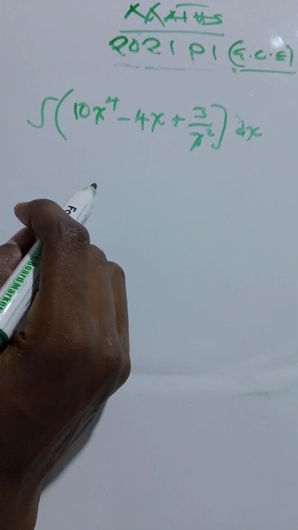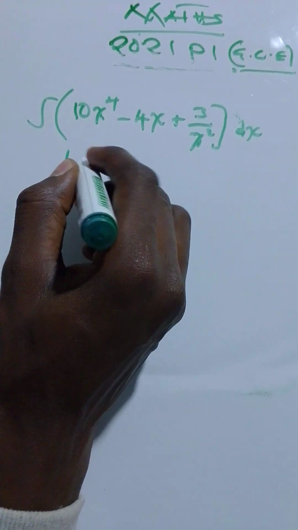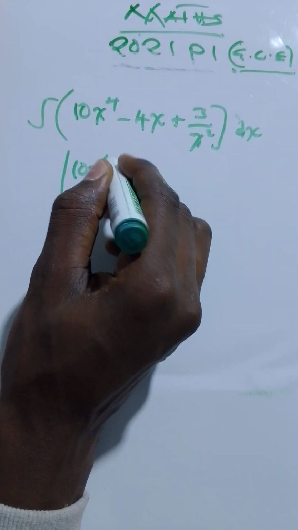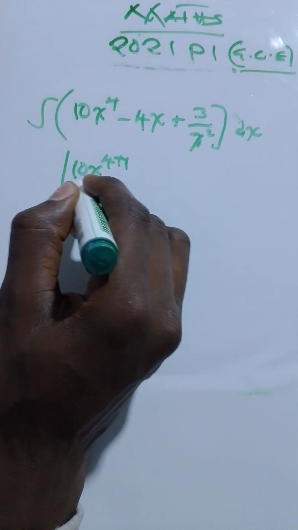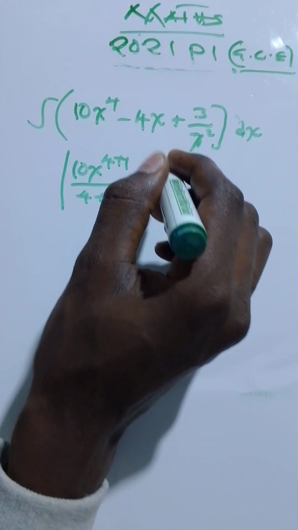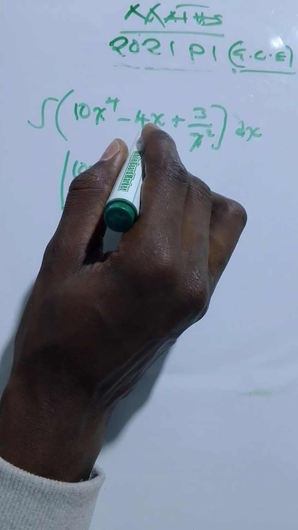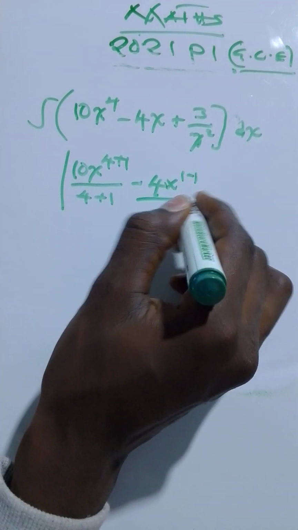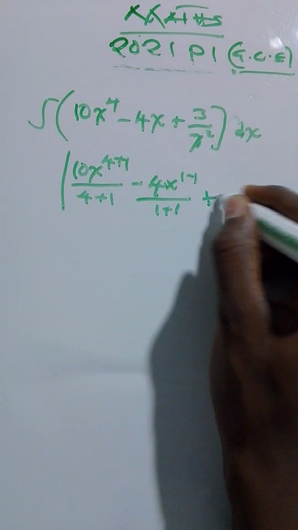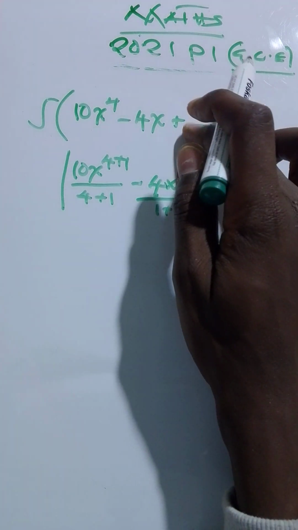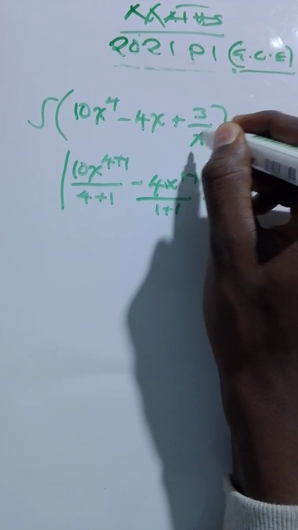So we'll say 10x to the power 4 plus 1 over 4 plus 1, minus 4, a variable without a power, that's the power of 1, so plus 1 over 1 plus 1. We cannot solve it here in a simple way, it will give us challenges.